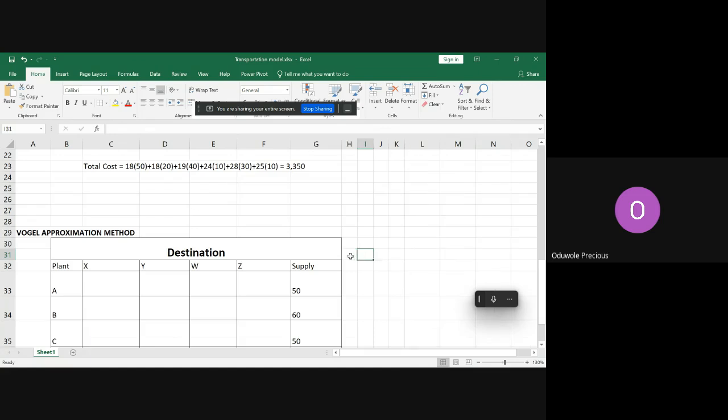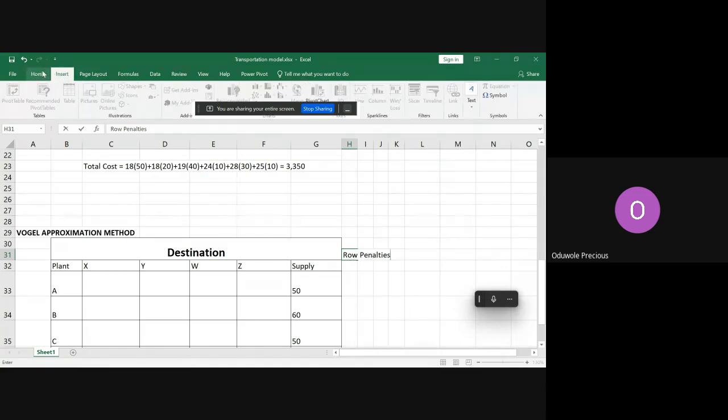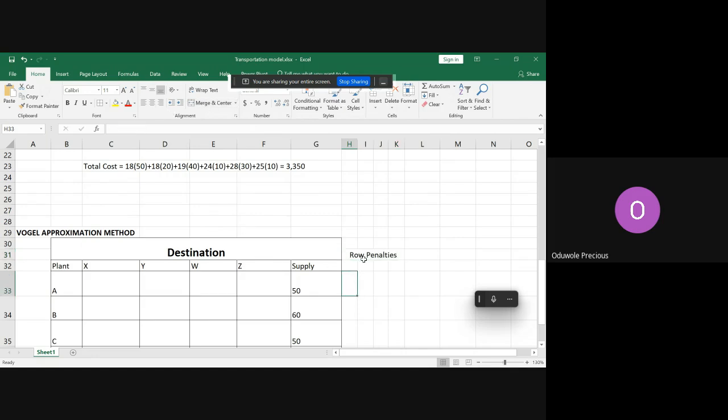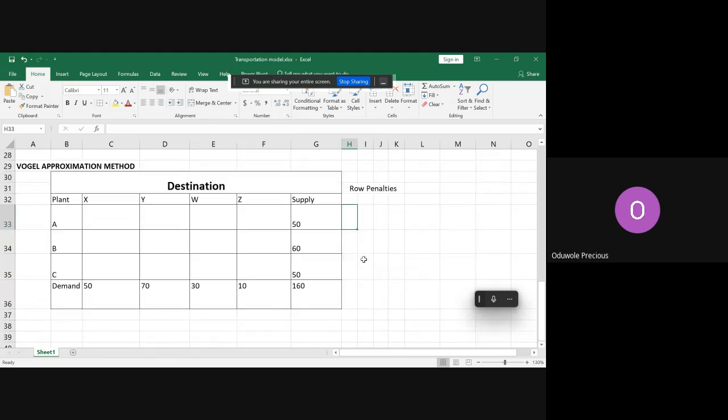So I'll call this row penalties. Then I also have column penalties.